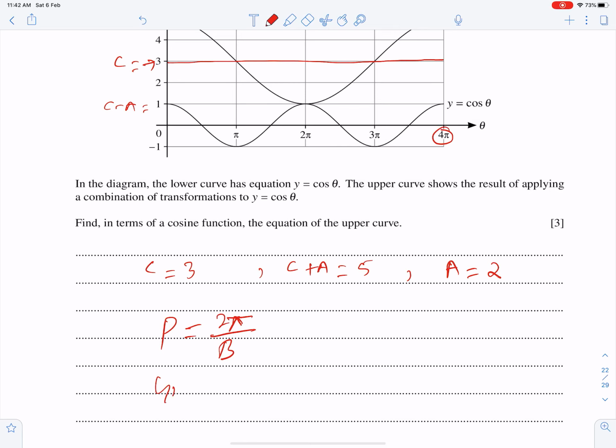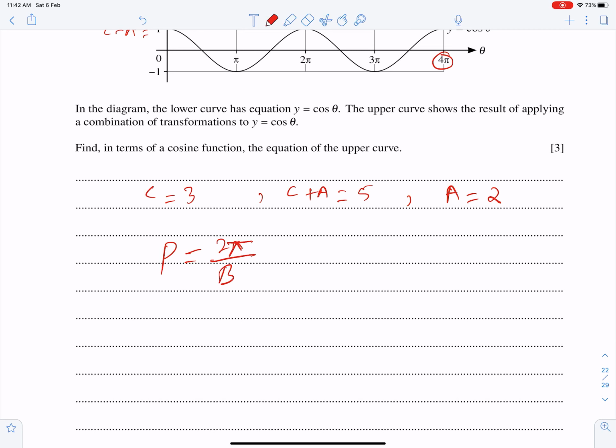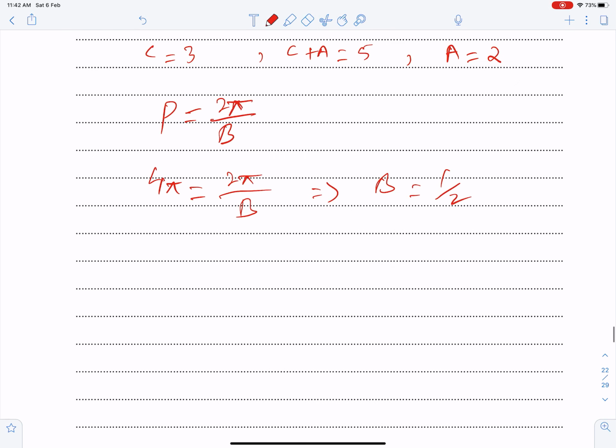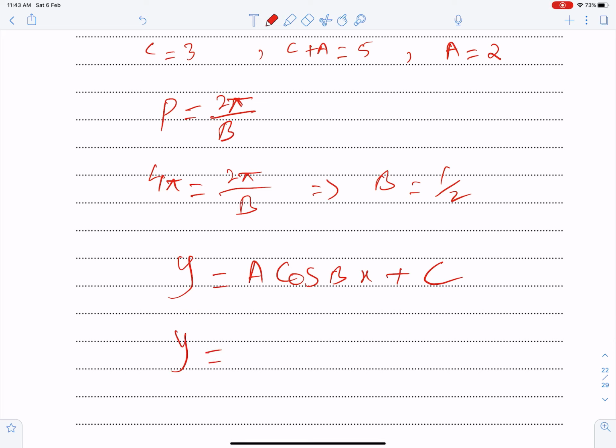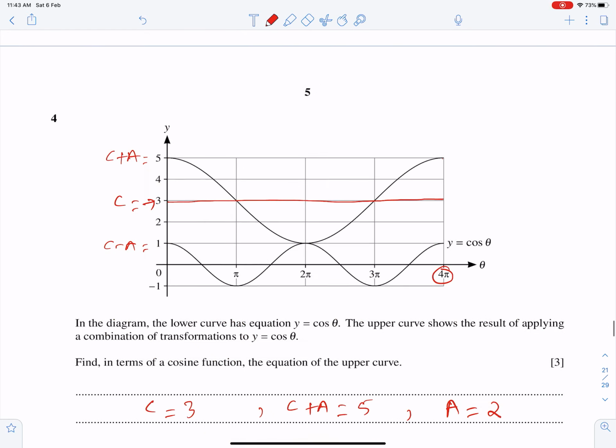So period is 4 pi, therefore b will be half. Now this is the equation of the upper curve: a cos bx plus c. So a is 2, cos half x, and c is 3. That's the answer of this question.